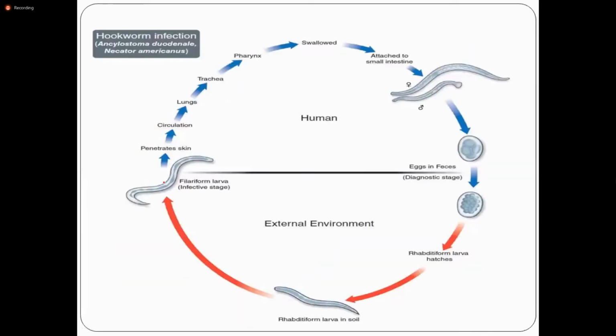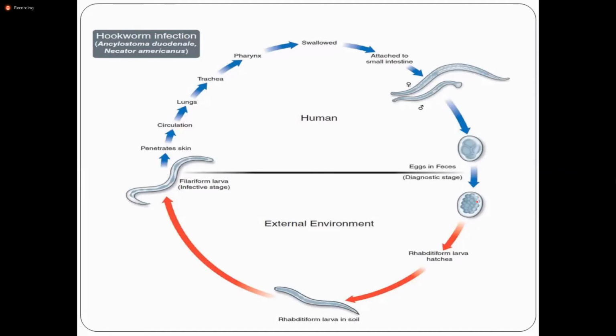So what happens in a diagrammatic way: filariform larvae penetrate the skin, go to the circulation, to the lungs, trachea, through the pharynx, and are swallowed into the intestine. They attach to the small intestine, develop into male and female, and mate together, and then the female deposits eggs, which are released into the environment.